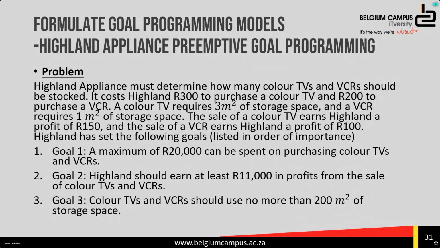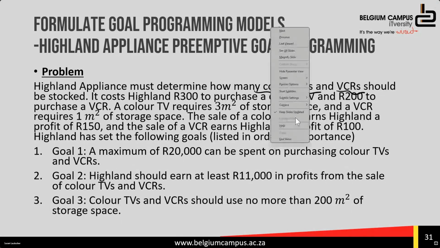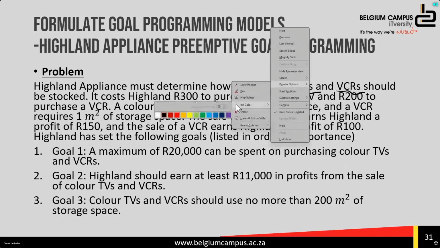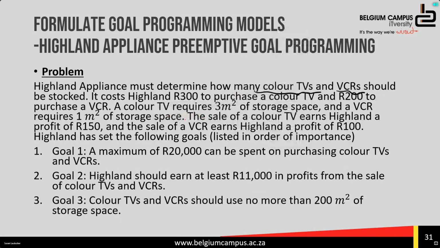First things first, normal LP: what is X1, what is X2? They talk about how many color TVs and VCRs, so it's the amount of color TVs and the amount of VCRs. For goal one, I normally start by setting up the constraint with our G's first, just to see, is it going to be greater than, less than, what is it going to be.